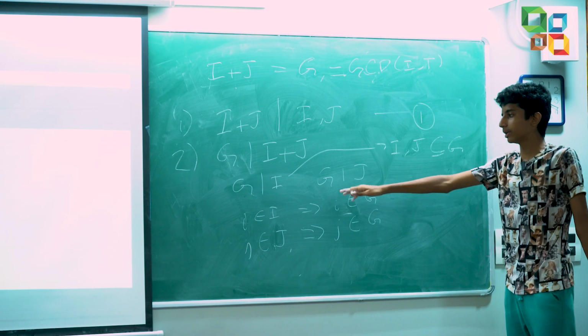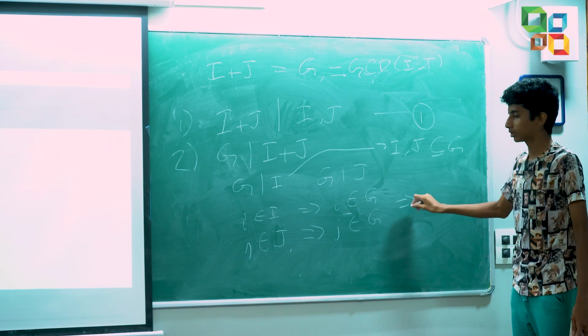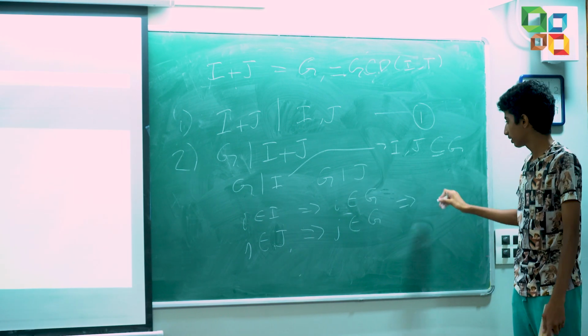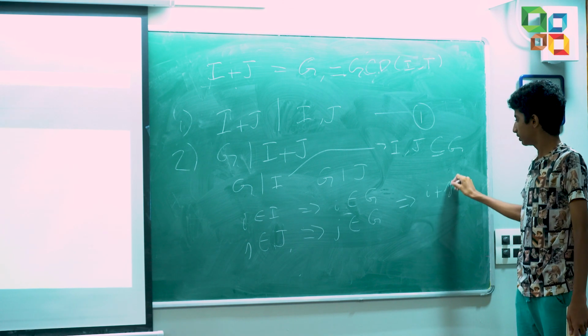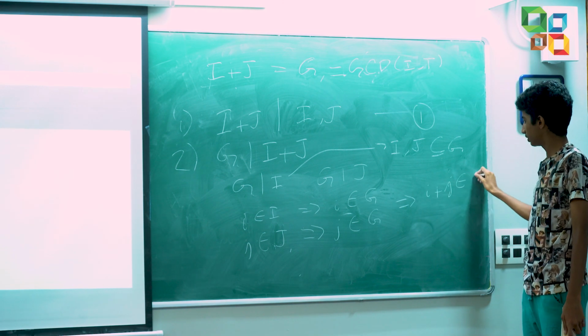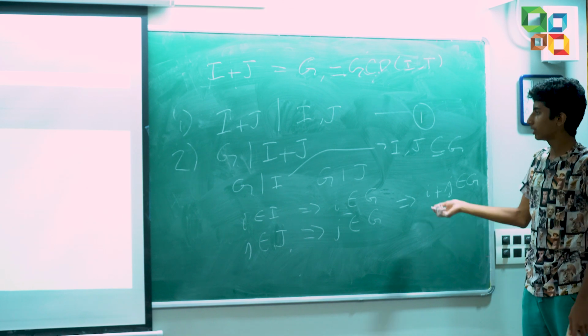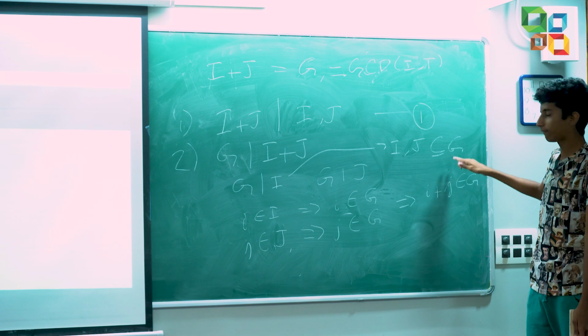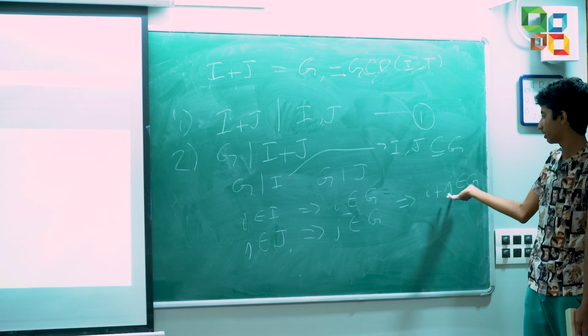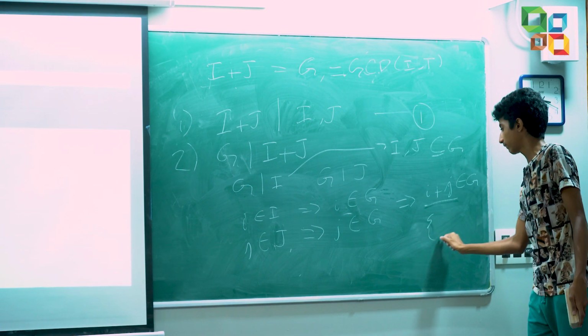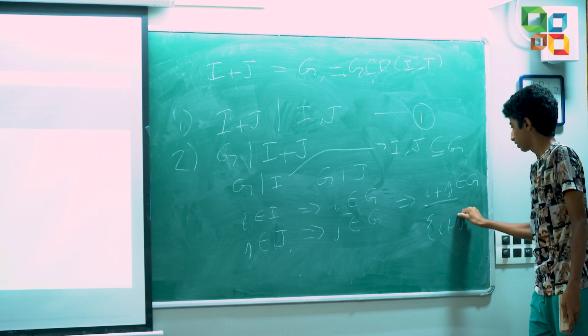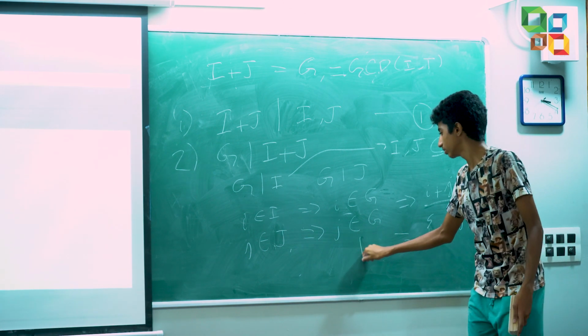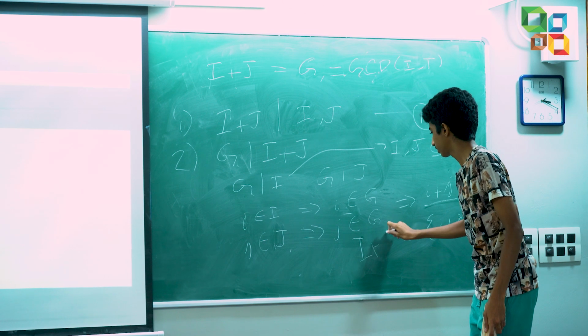So for any element of I and J which belongs to big I and big J, I plus J also belongs to G. And what is the set I plus J? It's nothing but the ideal of I plus J, right? This is how this whole set is defined.